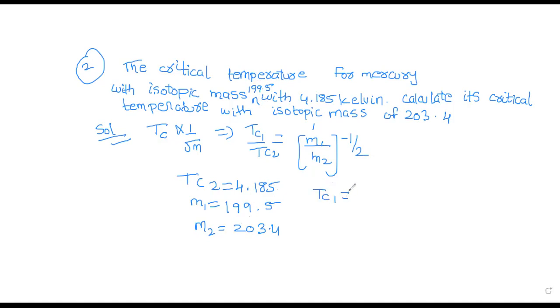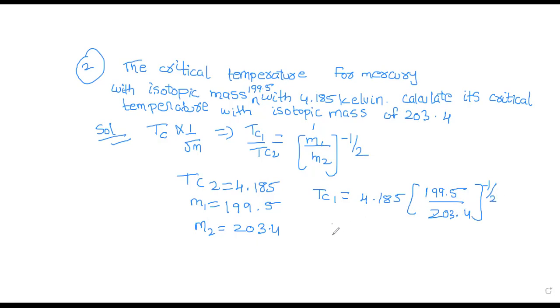So TC1 is equal to 4.185 into 199.5 by 203.4 whole to the power of minus 1 by 2.